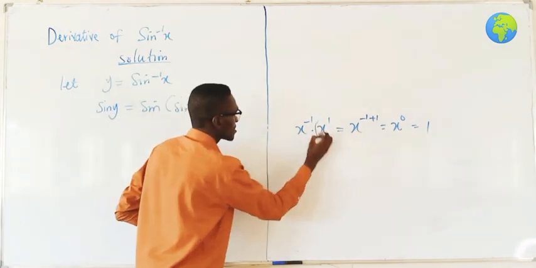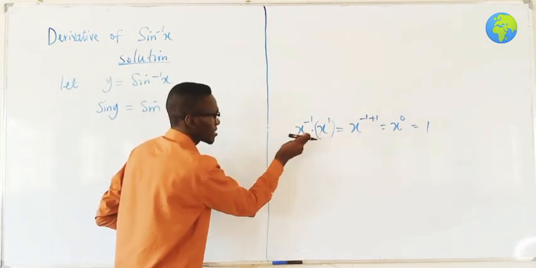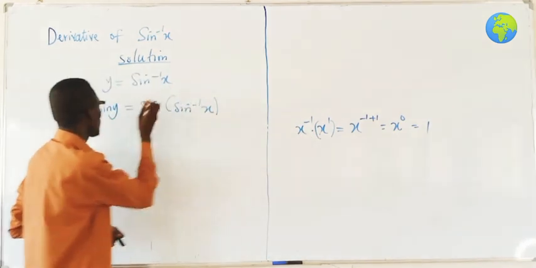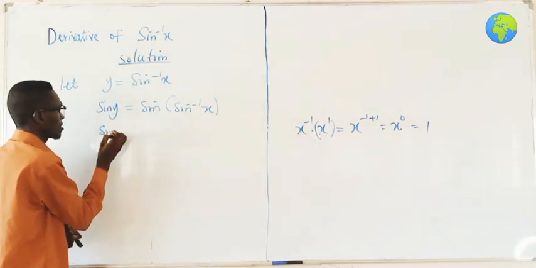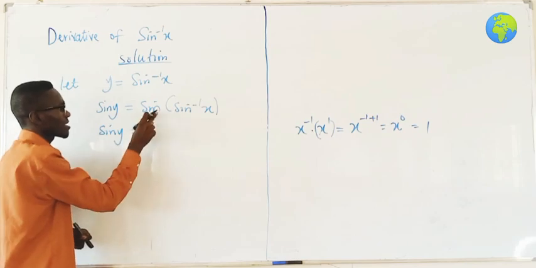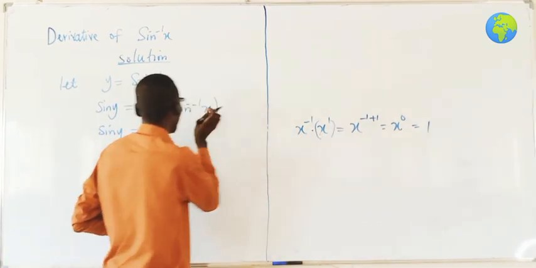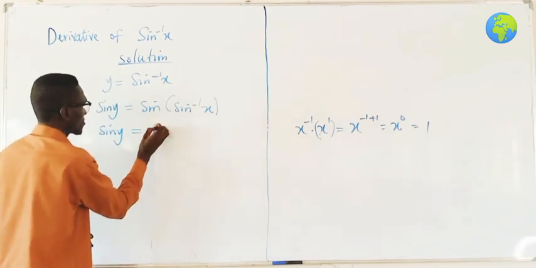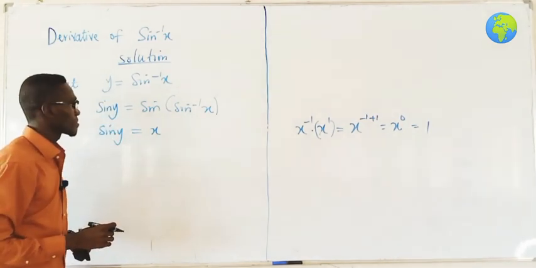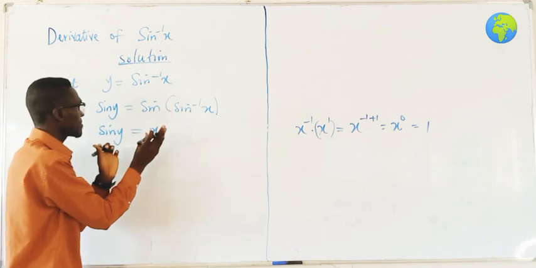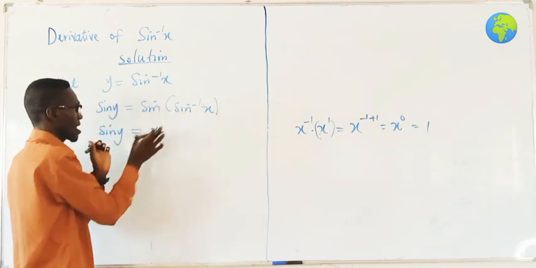I can decide to put this in a bracket and it's still something. So right now, I'm having sine y equals, sine and sine inverse will cancel out. It's supposed to be 1, but 1 times x is going to be x.